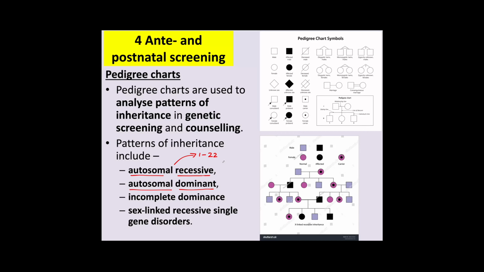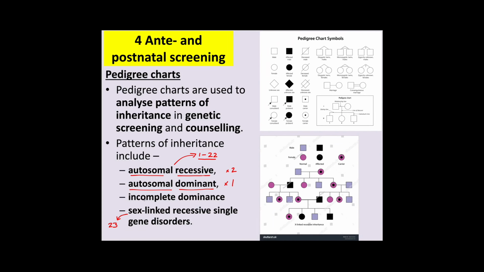Sex chromosomes are pair 23, and I'll just write that down here next to sex-linked inheritance 23. Okay, pair 23 are the sex chromosomes. So 1 to 22 means that the mutation or the genetic disorder is on chromosomes 1 to 22. Okay, pair 1 to 22. A dominant one means that you only have to inherit one copy of the allele in order to get the condition. With a recessive, we need to inherit 2 copies in order to get the condition.